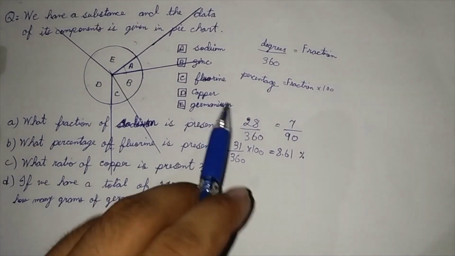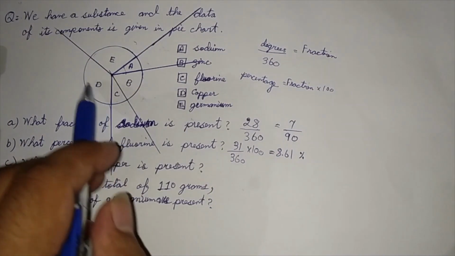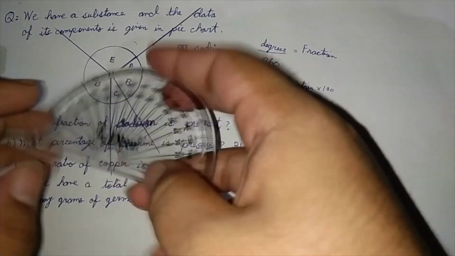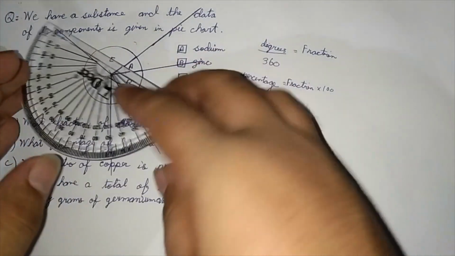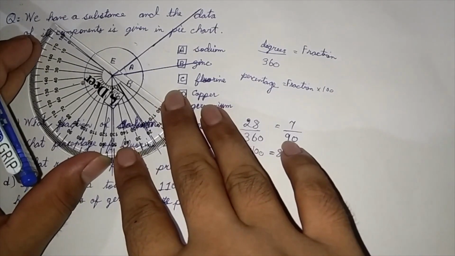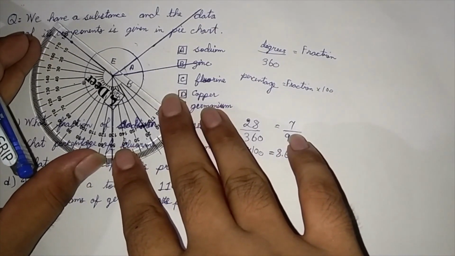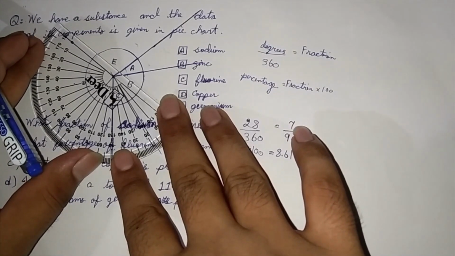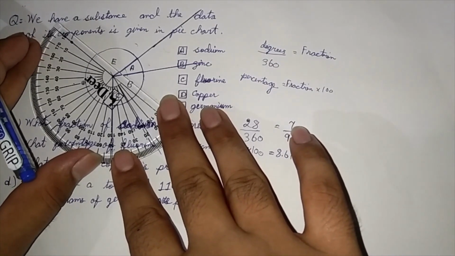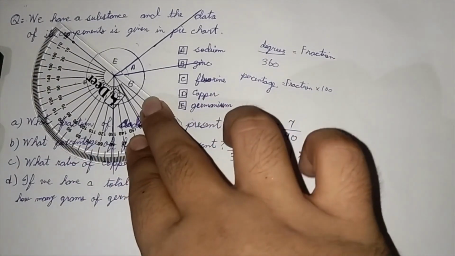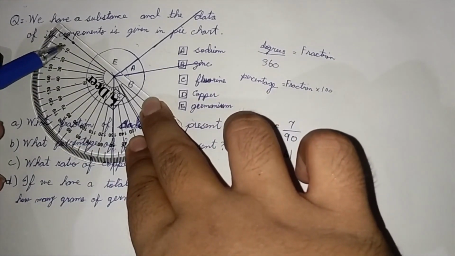Copper is this one, this D part. So let's see, if I take this one as a baseline, we will use this 0.